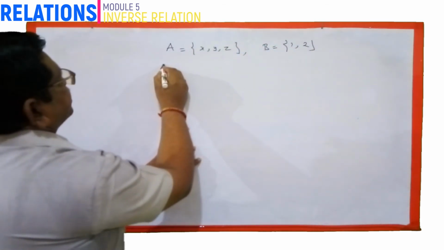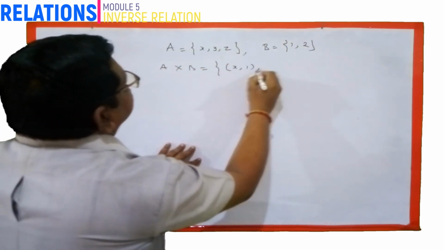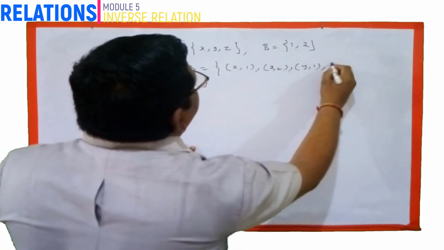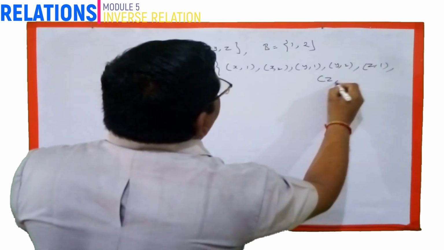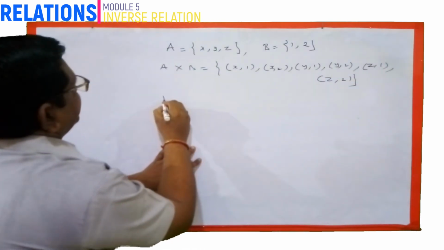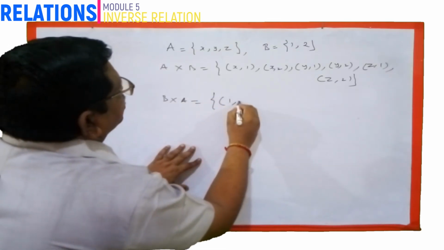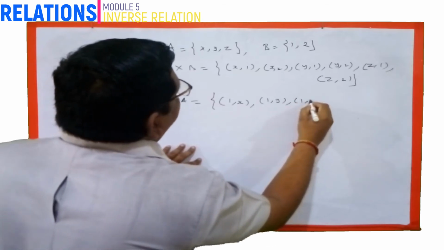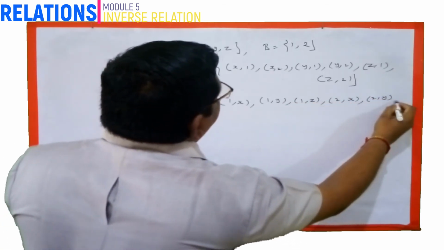When we are finding that A cross B, say A cross B is equal to x1, x2, y1, y2, z1, z2. Similarly, if we write B cross A, the elements are 1x, 1y, 1z, 2x, 2y, 2z.